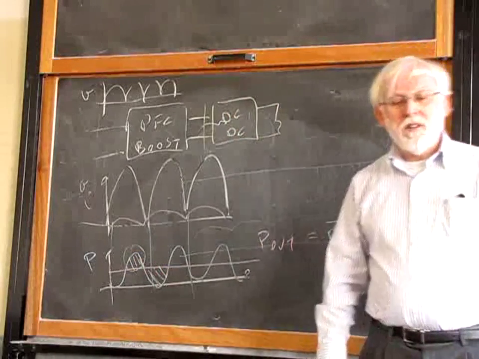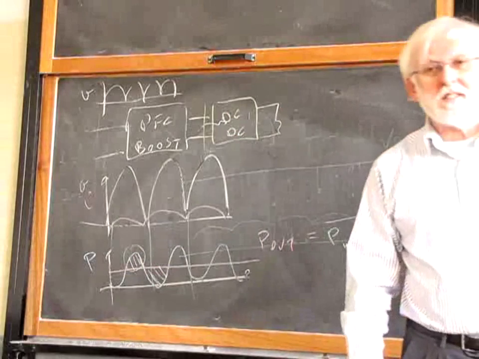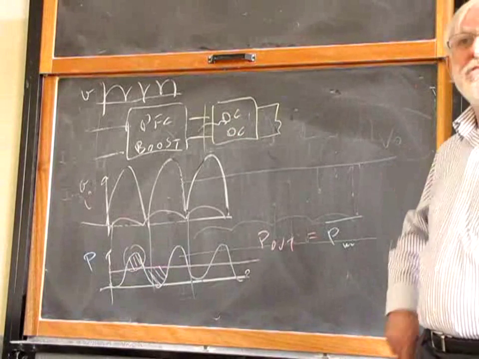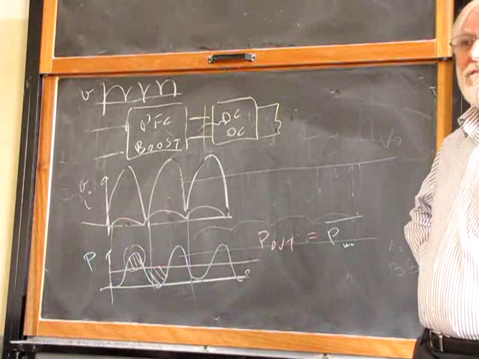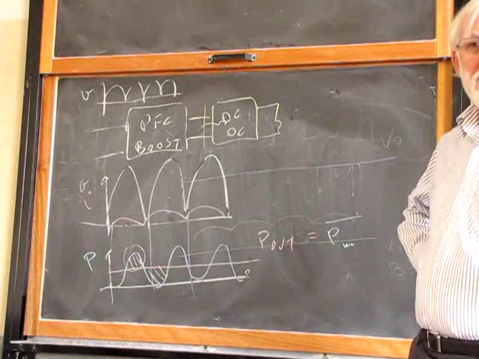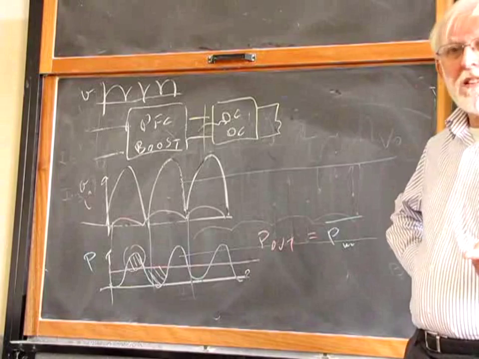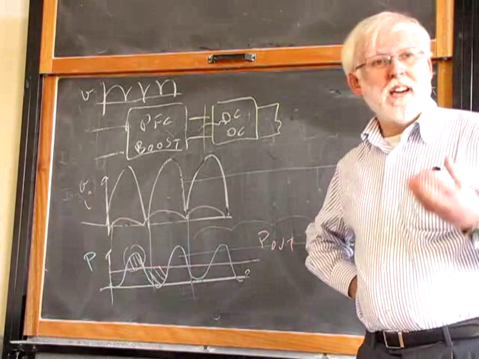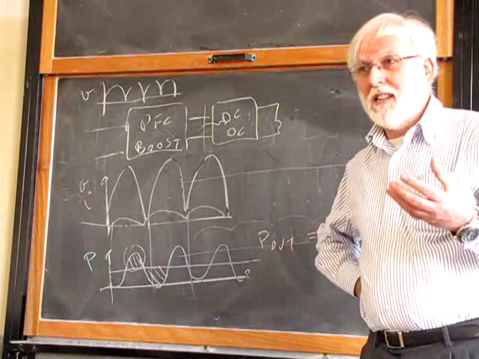Okay, we look for energy storage. How can you store electric energy? Capacitor or inductor. Well, capacitors are far better to store energy than inductors. That means they are small for the same stored energy.